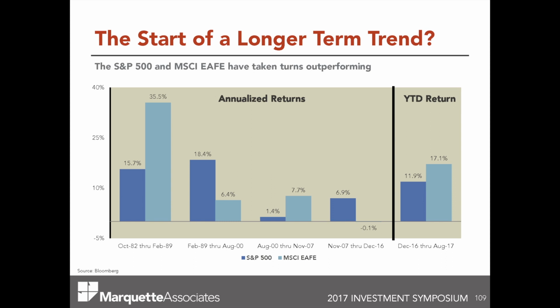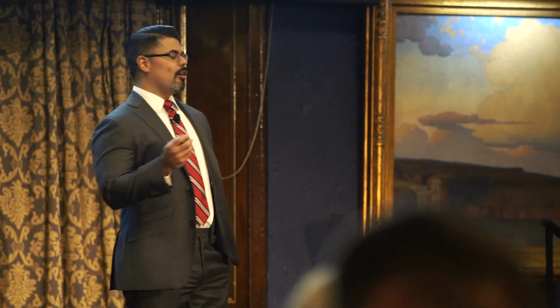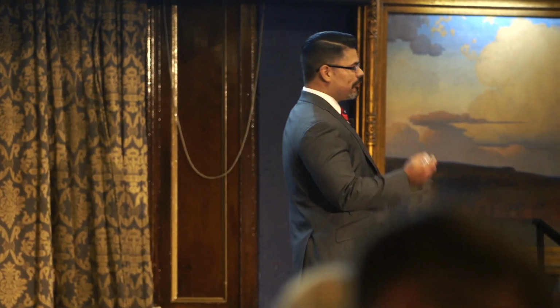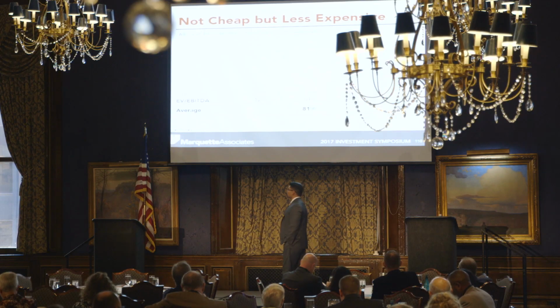Emerging markets are somewhere in the high 20% year-to-date, so that's not taken into account there. But this brings about the question, is this the start of a longer-term trend? Now, unfortunately, I cannot give you a definitive answer to that question. But what I can say is we think there are some compelling reasons why international equities can continue to perform into the future. So let's talk about those reasons.